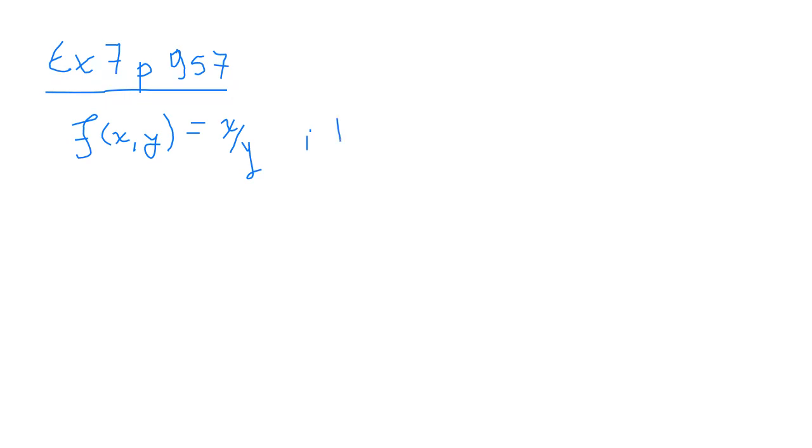The point is (2, 1), and I consider u to be equal to 3 over 5 i plus 4 over 5 j.